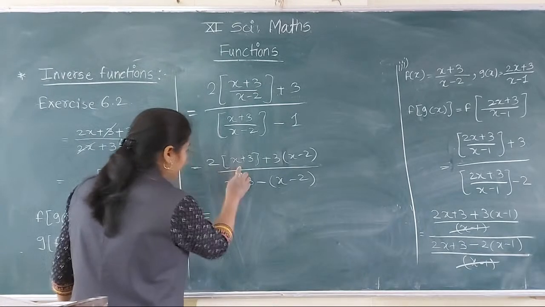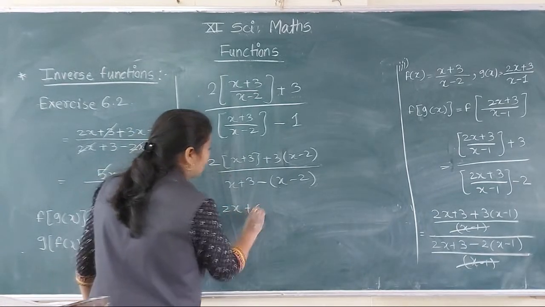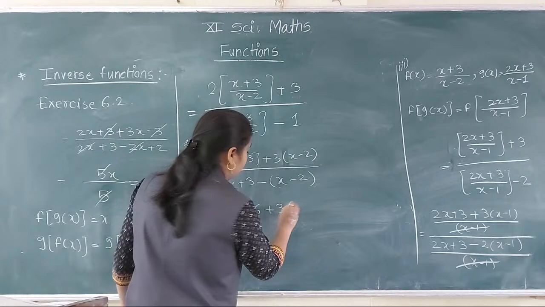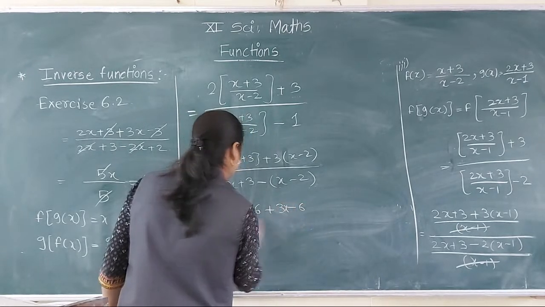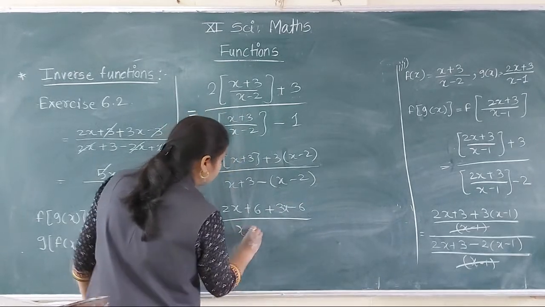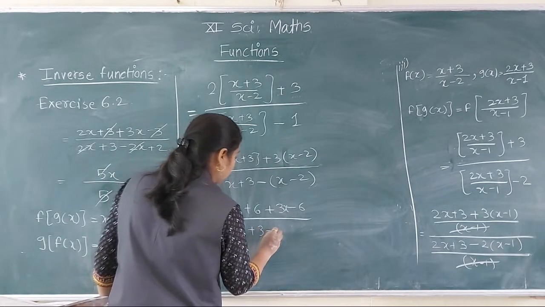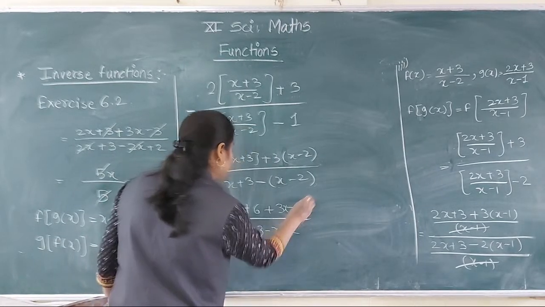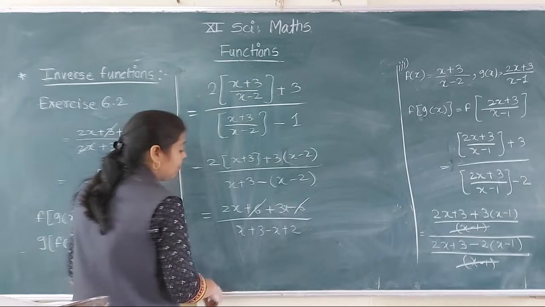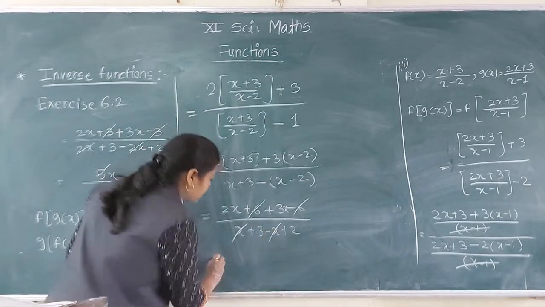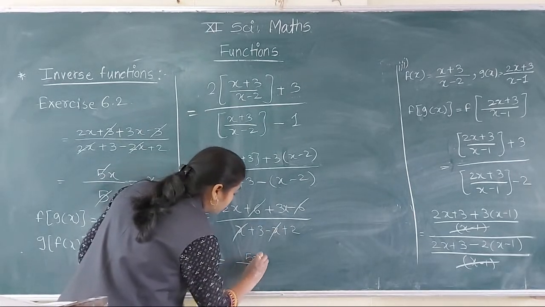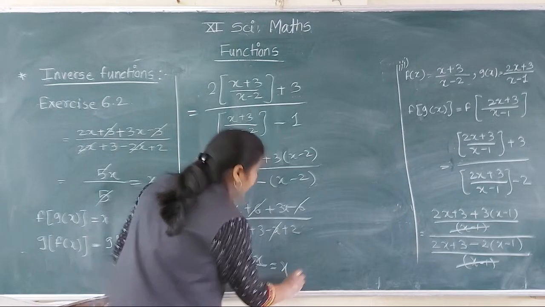So 2 multiply करूया 2x plus 6 plus 3x minus 6 upon x plus 3 minus x plus 2. So this minus x plus 6 cancel, plus x minus x cancel, again 5x upon 5. So it will be again x.